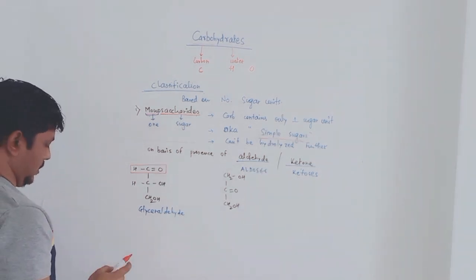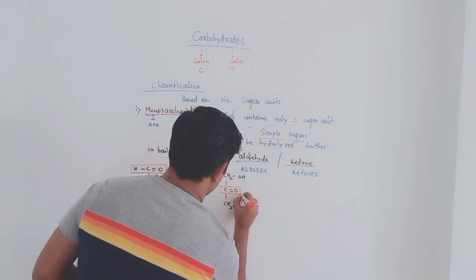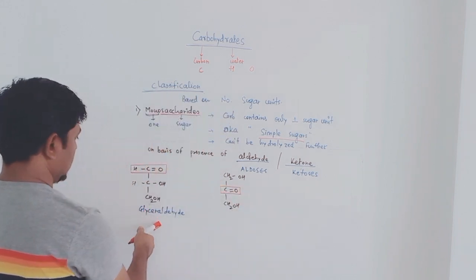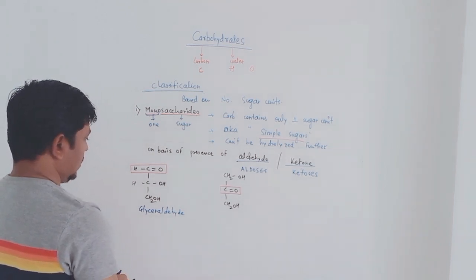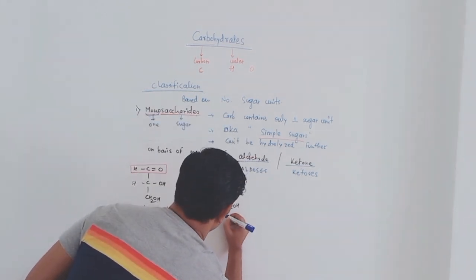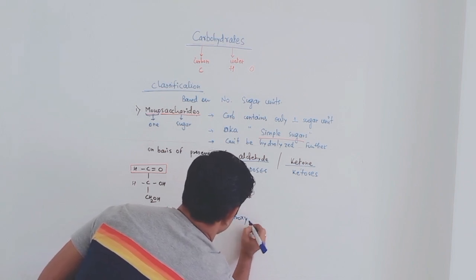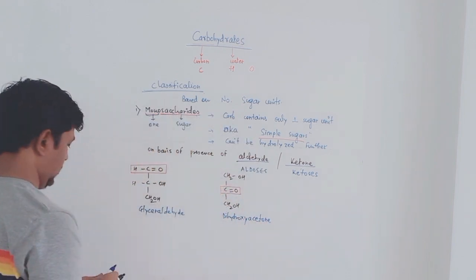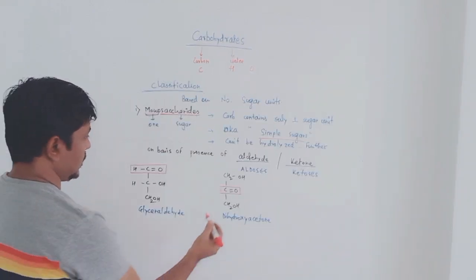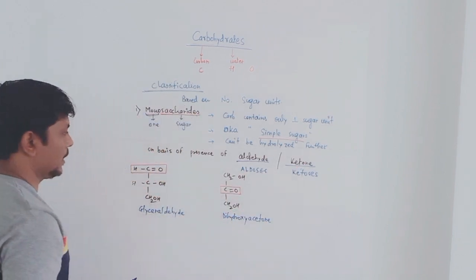And if you see here, this contains a ketone group. So glyceraldehyde is an aldose, and the molecule containing the ketone group is dihydroxyacetone. This contains a ketone group, so this will be classified as a ketose.